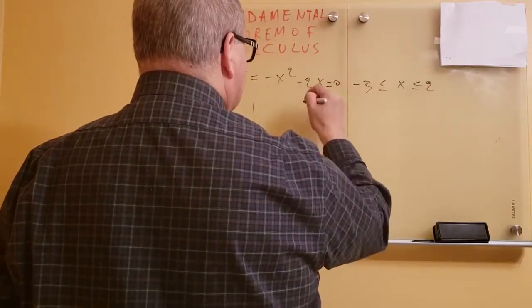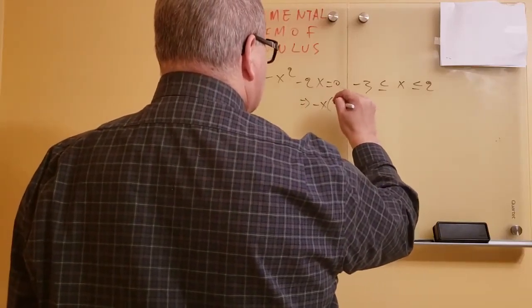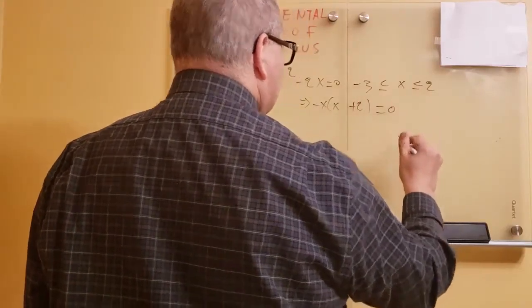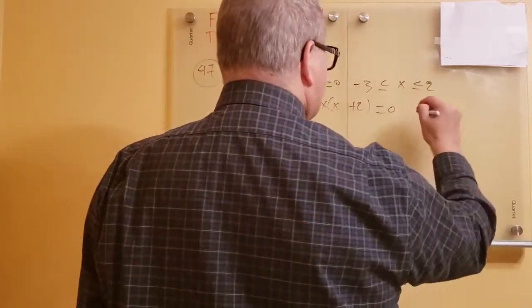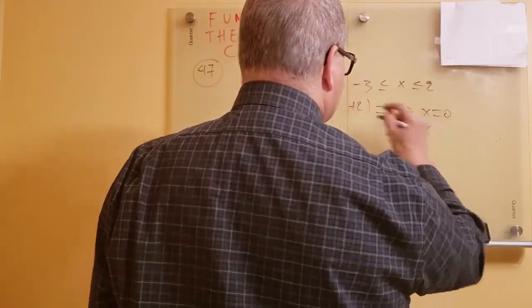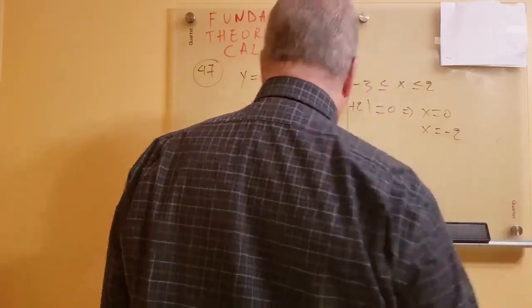Now if you factor this, you have negative x times x plus 2. So if you set this equal to 0, either x has to be equal to 0 or x plus 2 has to be equal to 0, so that means that x is equal to -2.